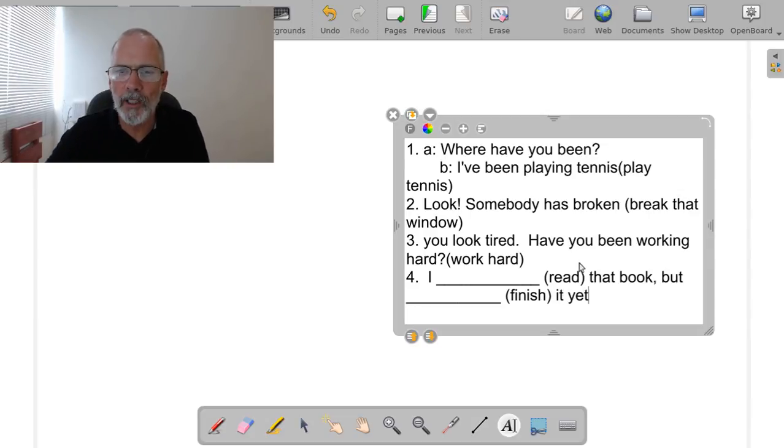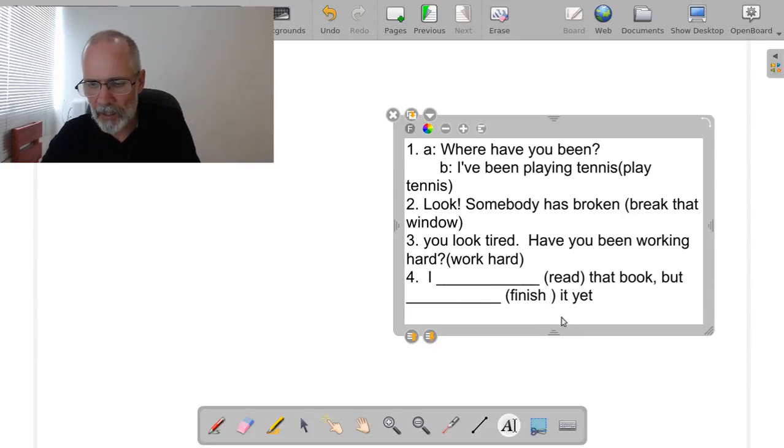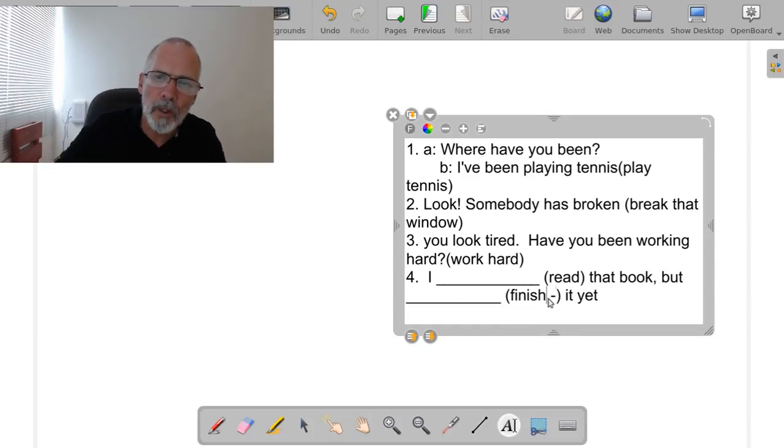Remember this word here, yet, we saw in the previous class, so that means that we can only use yet in negative. So this one here needs to be in the negative. I think this will be the last question today. So put them in the correct tense.